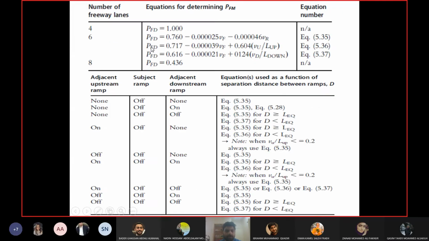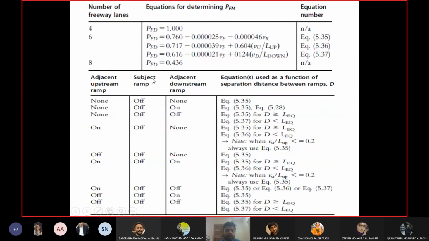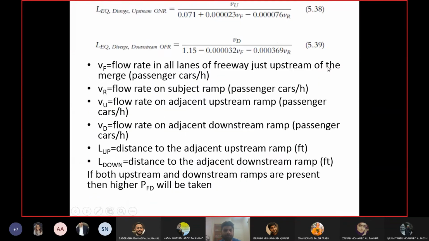So whenever you have a downstream on ramp, you will go back to the basic equation, which is 5.35. This is why we don't have LEQ for that.